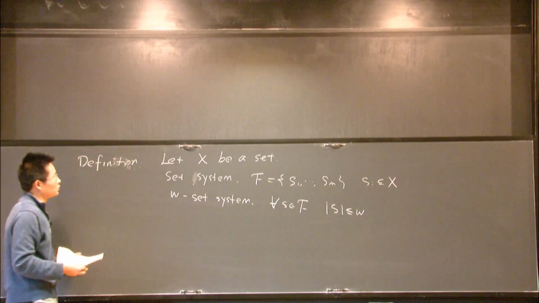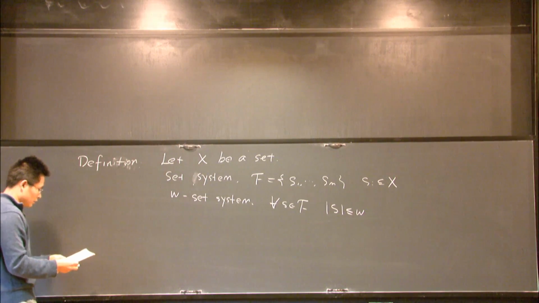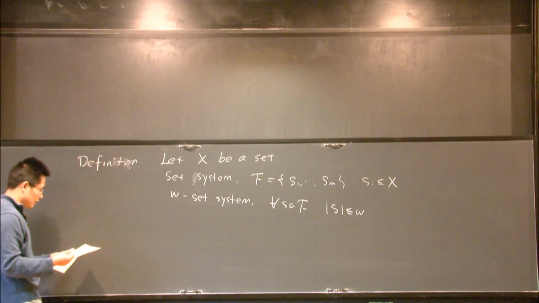Now we're going to introduce what the sunflower is. The sunflower structure was introduced by Erdős and Rado in 1960.